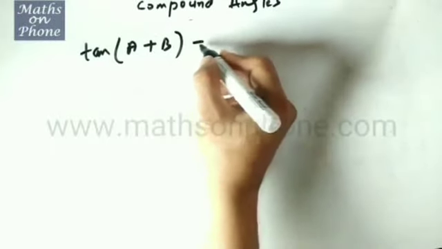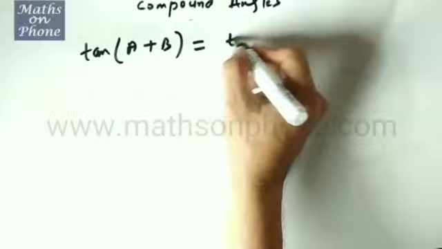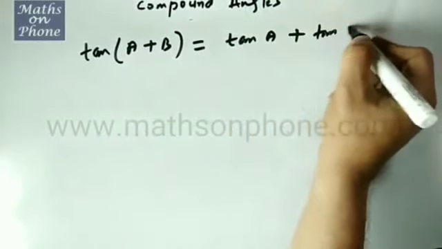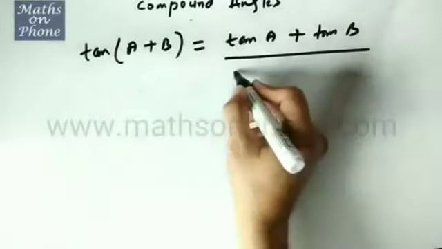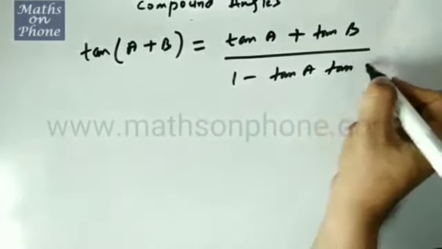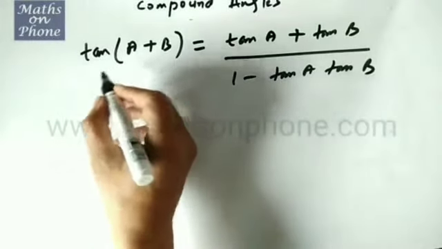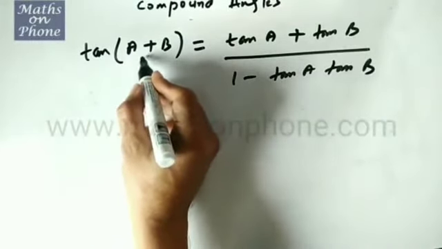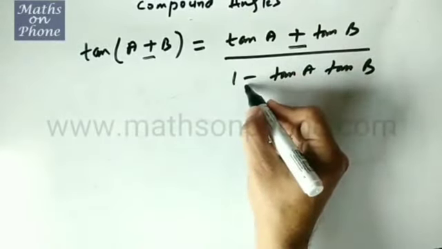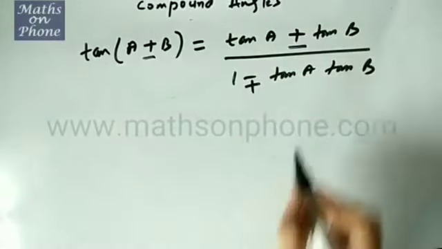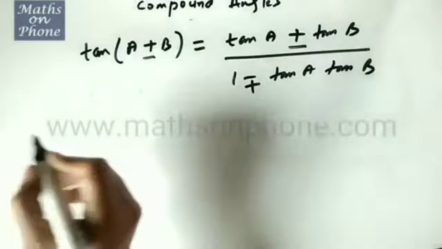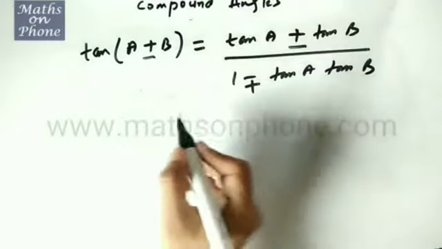But on a little bit of simplification, it comes out to be tan A plus tan B by 1 minus tan A tan B. So, can you make a guess? If tan(A-B) is there, it will be tan A minus tan B by 1 plus tan A tan B. This is a very important, very useful formula while solving problems.